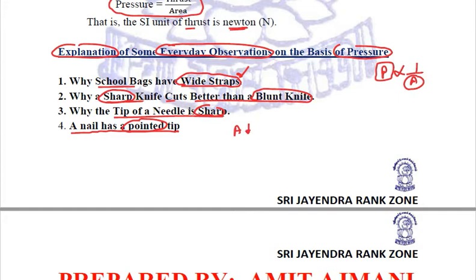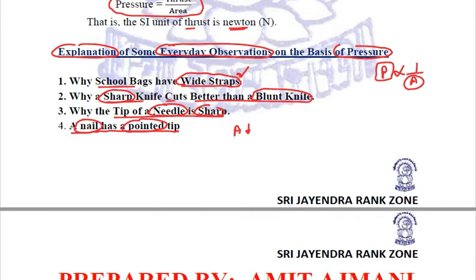So when force is applied on them, whether in the case of a needle it is through the hand or in the case of a nail it is through a hammer, since the area is decreased by making them sharp and pointed, more pressure will be exerted by them, right? So all these explanations are based on one simple relation, that pressure is inversely proportional to the area of contact.